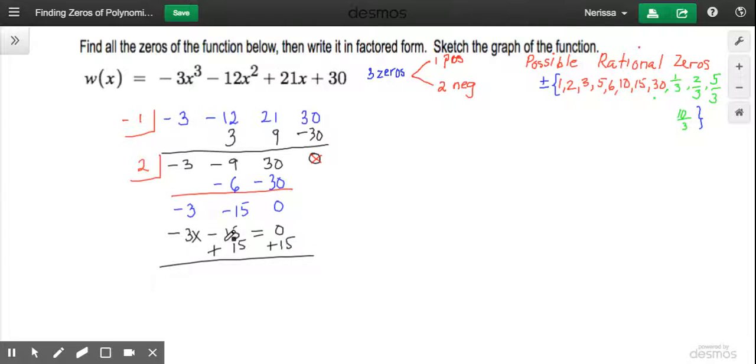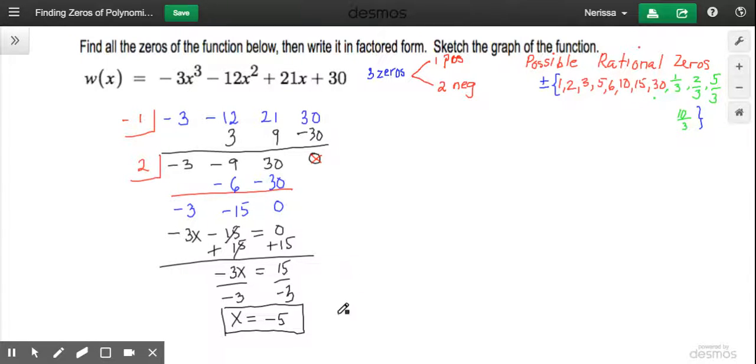So we want to isolate the negative 3x by adding 15 to both sides. Therefore, negative 3x is equal to 15. We divide both sides by negative 3. Therefore, x equals negative 5. This is the third 0.